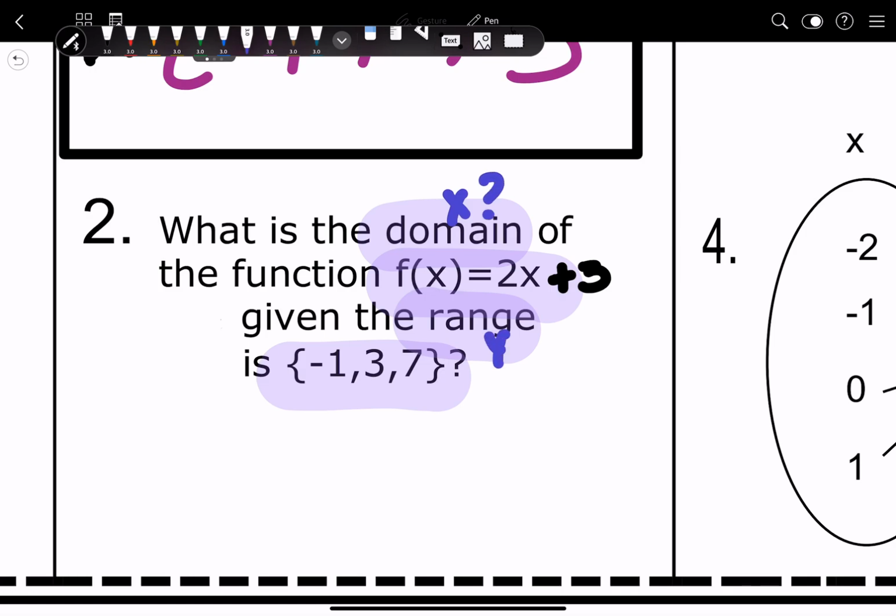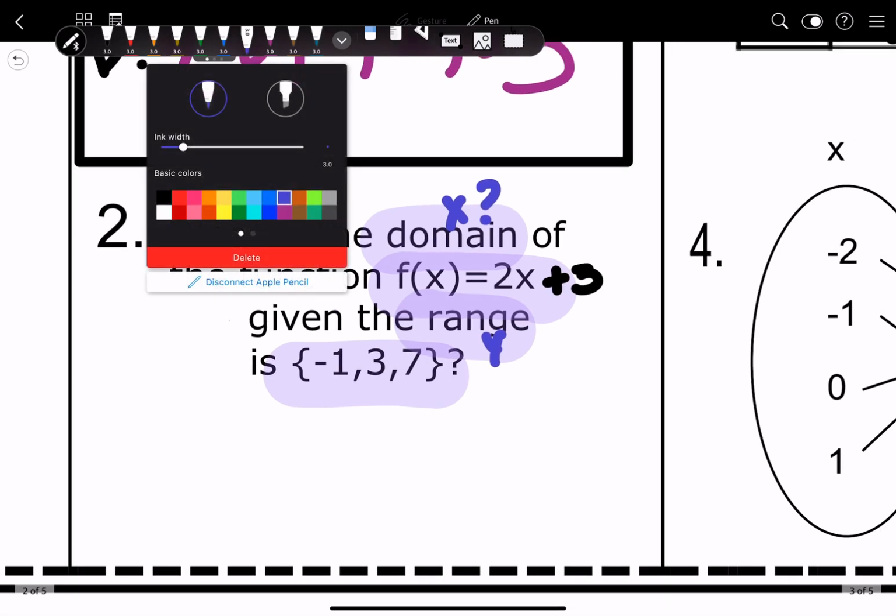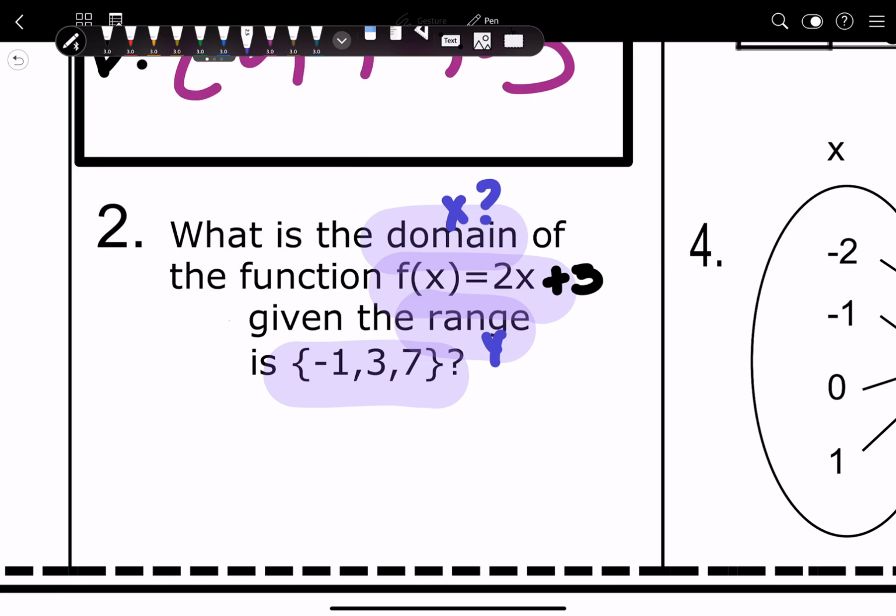You can do this. Here's what we're going to do. So f of x, which is our output, is -1 in this case, and we're going to set it equal to 2x plus 3 and solve for our x.